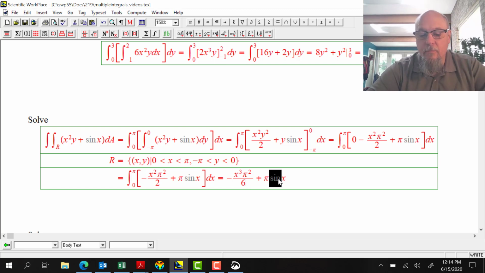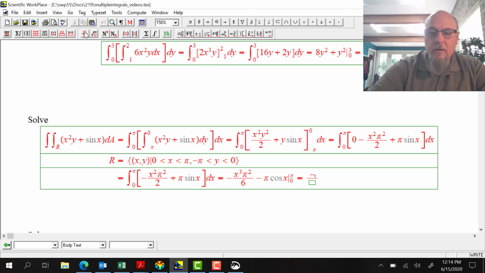Integrating sine becomes negative cosine. And I have to go from 0 to pi. So sub in the top, when I sub in pi, that's going to be pi cubed times pi squared, which is pi to the 5th. So it's going to be negative pi to the 5th divided by 6.